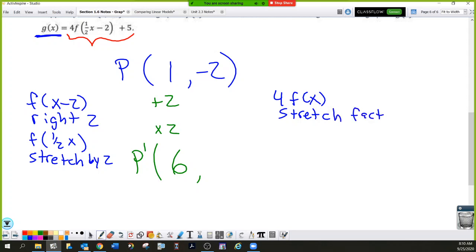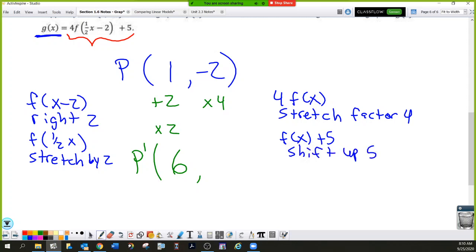Stretch factor 4, and you've already told me it has the same effect, so it is going to multiply that number by 4. And then lastly, the plus 5, what is that telling me to do to the number? Well, that's the shift. Yeah, shift up 5. Oops, I forgot to write f of x plus 5, and this is shift up 5.